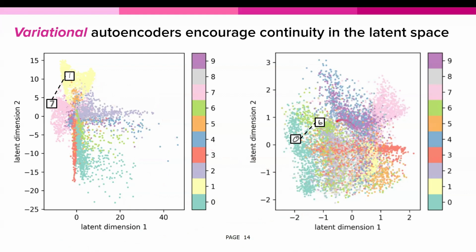And then on the right, this is the latent space of a VAE. And so what we can immediately see is that the clusters are a little bit more continuous, and the scales of the two embedding dimensions are actually roughly the same.